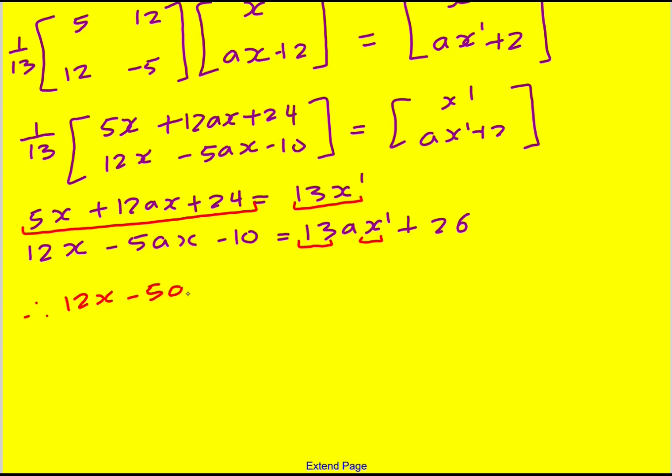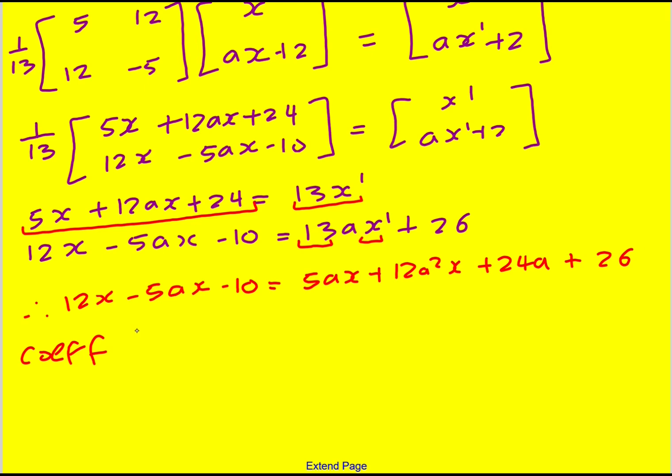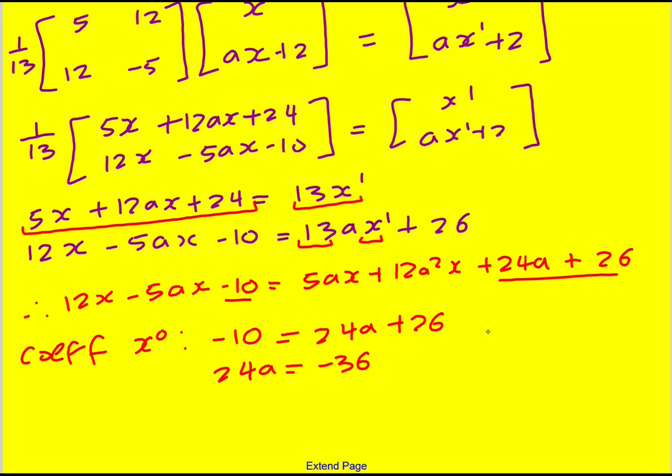Which will give me 5ax plus 12a squared x plus 24a plus 26. And I'm going to look at the coefficients of x to the 0. So on the left-hand side, I've got minus 10. On the right-hand side, I've got 24a plus 26. Therefore, 24a is equal to minus 36. a is equal to minus 36 over 24, which is minus 3 over 2.